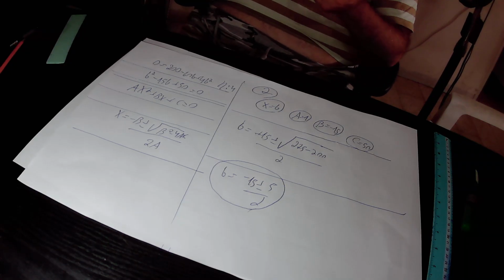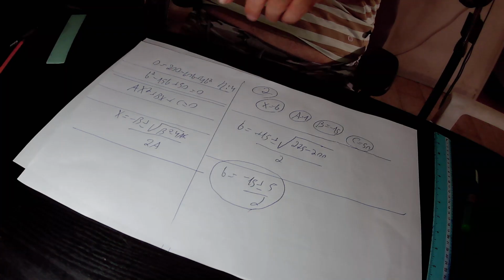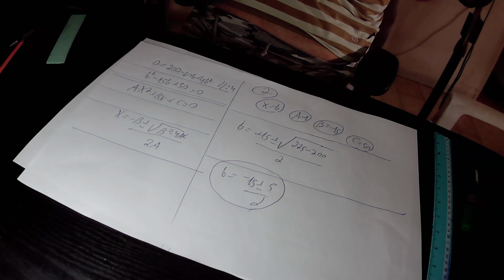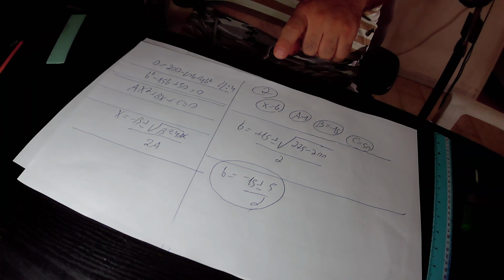So the only thing left to do is to put this data inside the general formula for x, and in this way we find the values of b, because x equals b. So we substitute x by b.